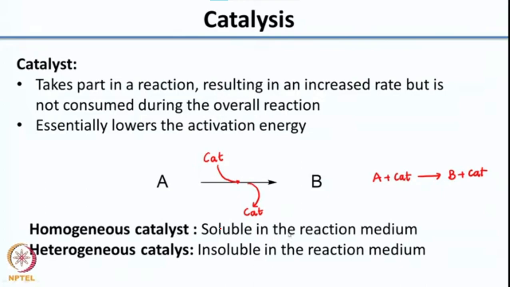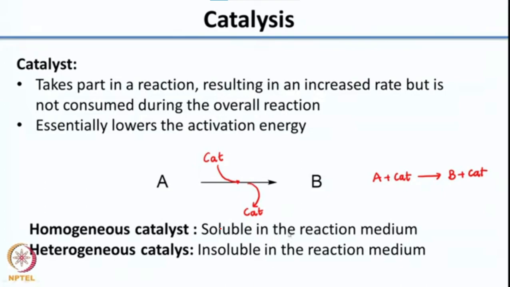So as you can see on screen, a catalyst is a species or a compound which takes part in a reaction and affects the rate of reaction by increasing the rate of reaction, but it is not consumed during the overall reaction.